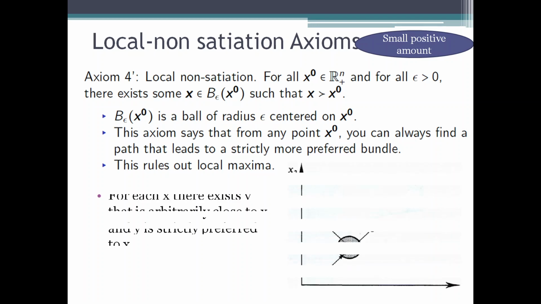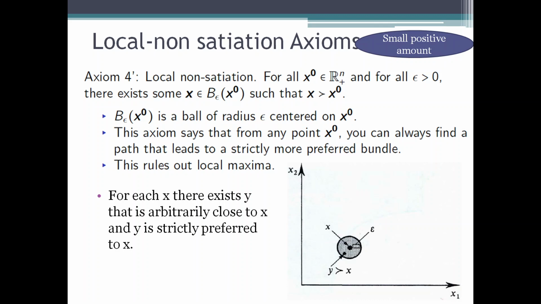What do you mean by this? Just look at this graph. In this graph, we have an open ball. In the middle, the notations are a little bit different, but just try to follow with me. The point at the middle is the consumption bundle x naught.